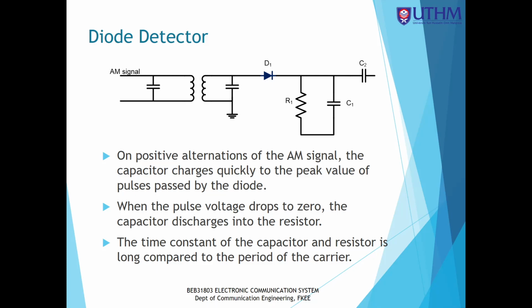So if you see from this demodulator circuit, the input here is the AM signal, which is a double sideband full carrier signal. There's a coil over here, and here is a capacitor which only allows the AC current, and then here we have the diode which only allows current to flow in one direction and prevents reverse bias.